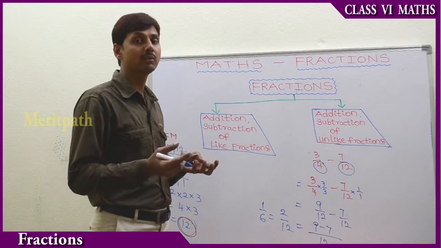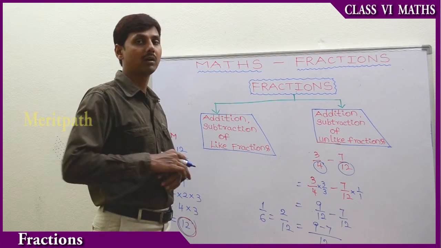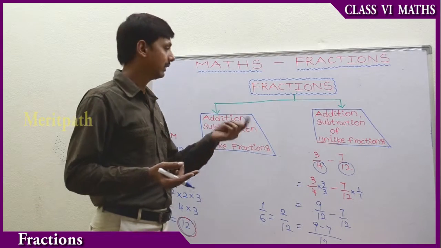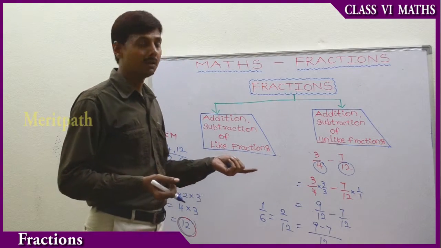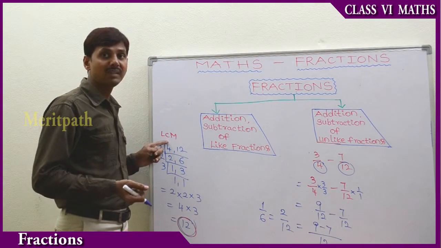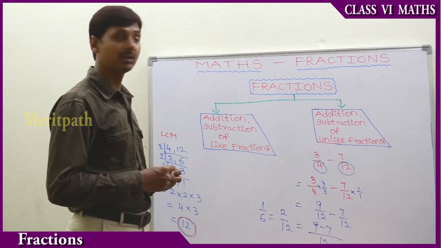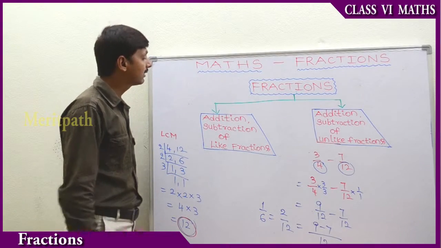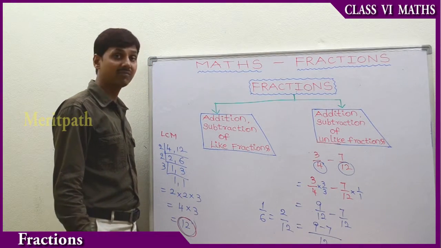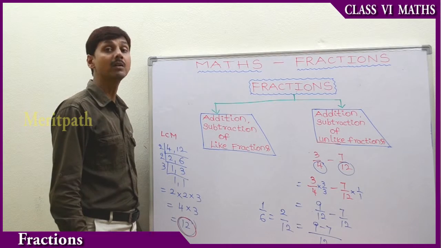We make the denominators equal and then add them, or make the denominators equal and then subtract them, using the LCM process. Up till now we have discussed addition and subtraction of like fractions and also of unlike fractions.